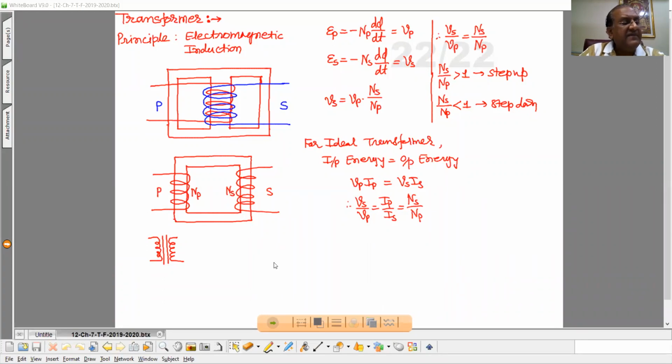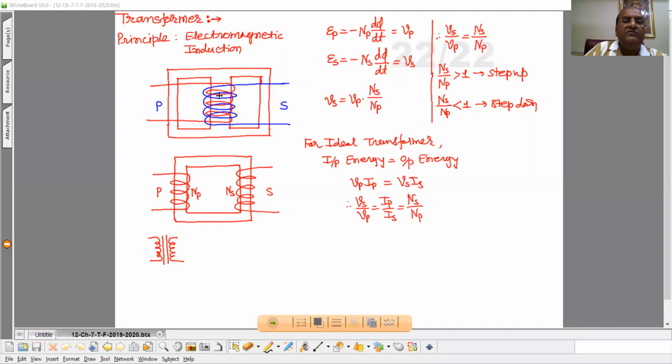Then the second thing, resistance of the windings. The wire used for the winding has some resistance, and so energy is lost due to heat produced in the wire, I square R. In high current, low voltage windings, this is minimized by using thick wire.